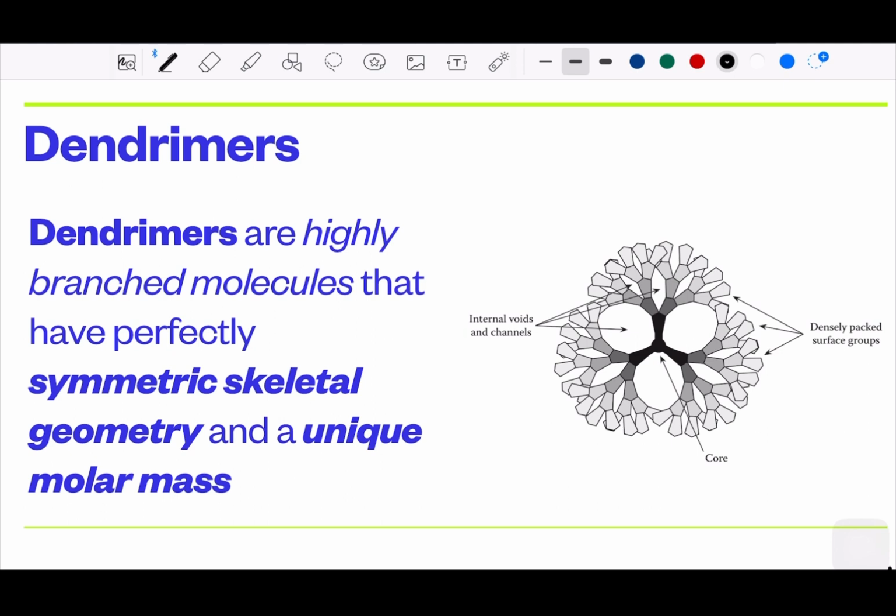Each branch has another branch, and it has a symmetric skeletal geometry, and it also has a unique molar mass.